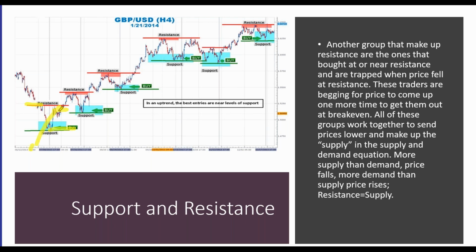Also, a lot of buyers sitting on the sidelines say, that price is getting a wee bit too high for me to buy. I'm going to wait till it gets a little bit lower before I buy into that market. So as it hits there, the sellers are selling off because they're taking their profit, the other buyers move to the sideline, and the price eases down.